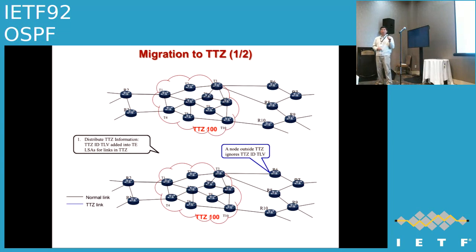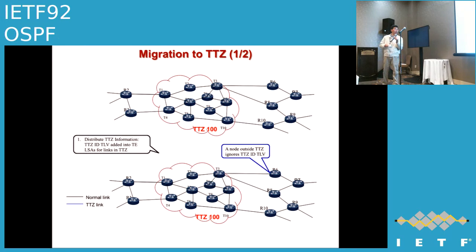With this option, let's go through the details of what happens when we migrate a cloud to TDZ. First we configure TDZ within this cloud. After configuration, we can trigger the distribution of TDZ information. For TDZ information, we just add a TDZ ID into the existing TE LSAs.